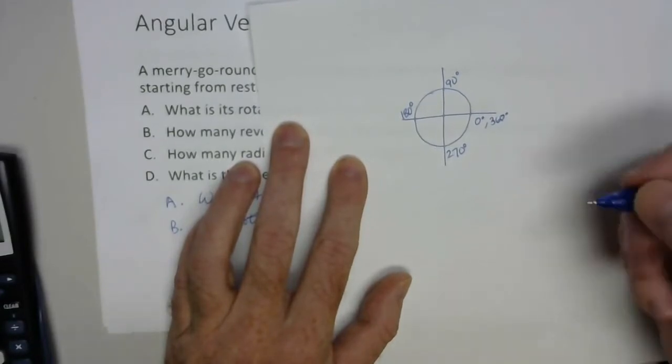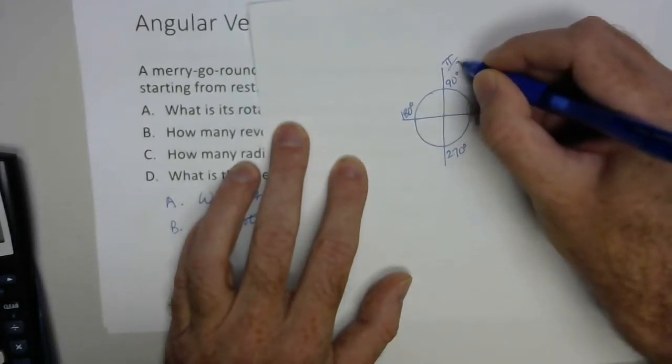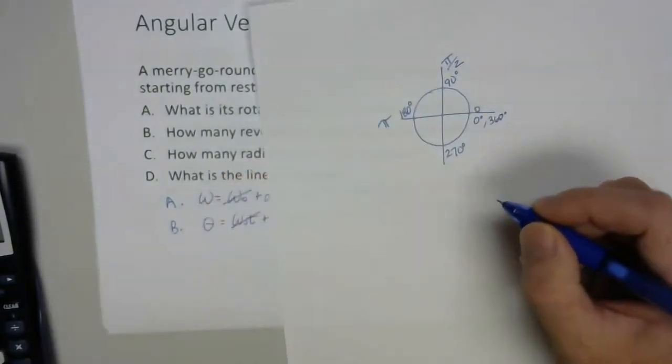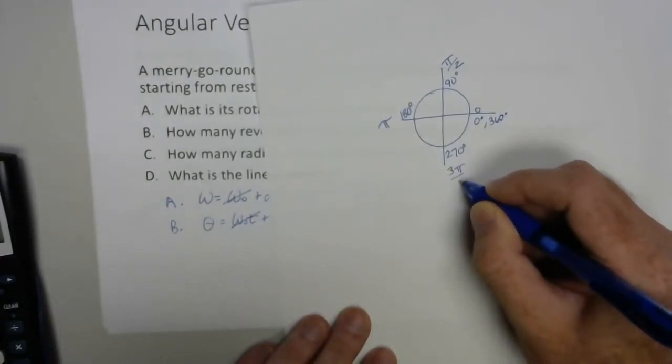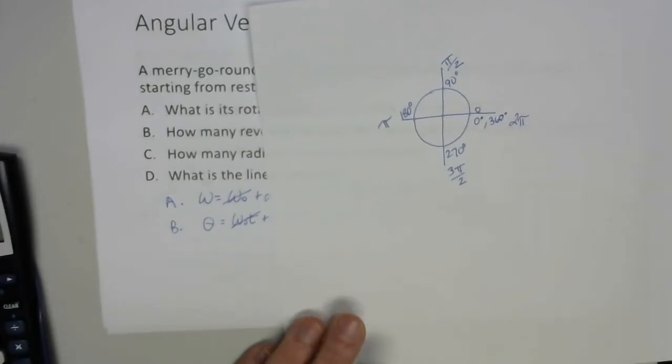Now, if we did that in radians, we'd of course be at 0 here, but then it's pi over 2 radians there, pi radians here, 3 pi over 2 radians there, and then 2 pi radians if you make it all the way around. What's important to realize is that we're making complete revolutions, so there'll be multiples of 2 pi.